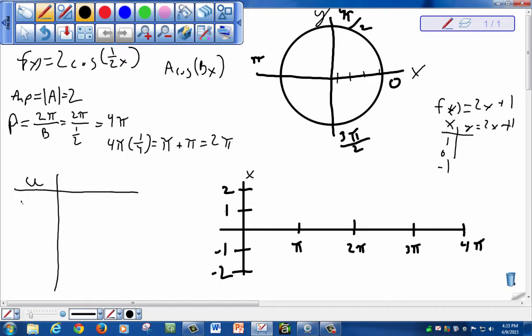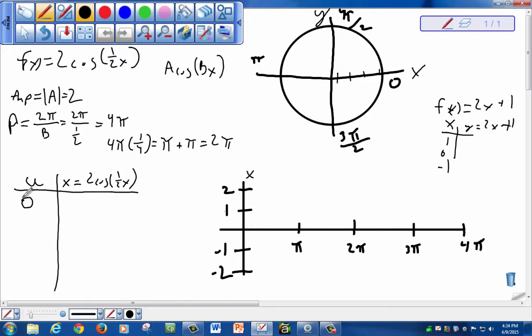So we have pi, and in this instance we have f of x is going to equal 2 cosine 1/2 x. And the algebra here, I'm just going to let you do it. And let me just erase this pi here because we have to start at the origin. So we start at 0.